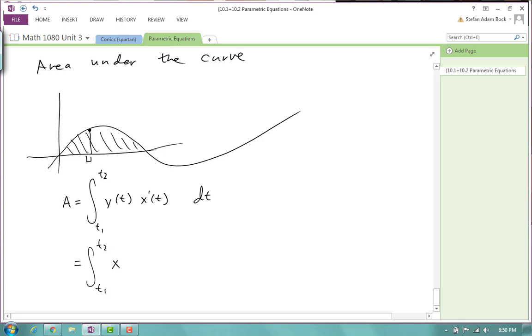Because now I can just do x of t times y prime of t dt. So the first one was similar to the integral from a to b of f of x dx. And the second one is similar to an integral from c to d of g of y dy.